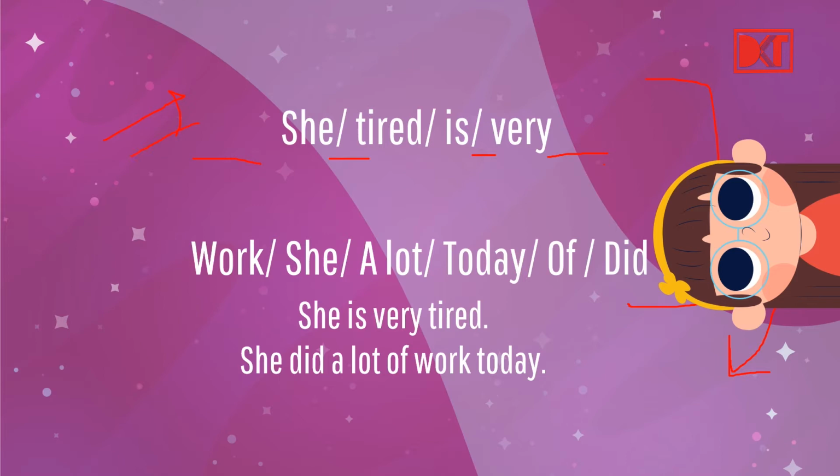Here this can be unjumbled and written as she is very tired. Similarly, the next one, work she a lot today of did. This can be written as she did a lot of work today. Right?